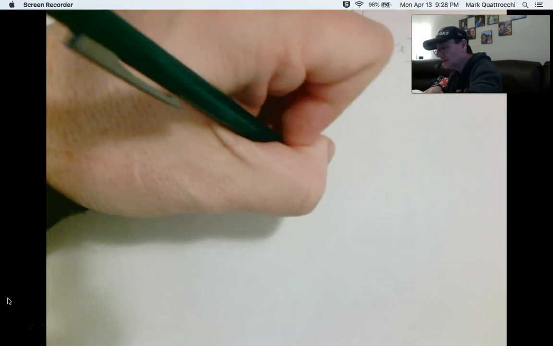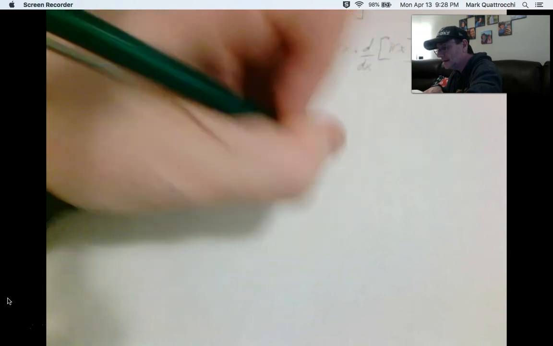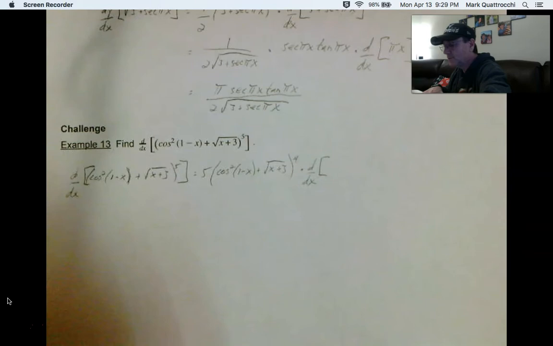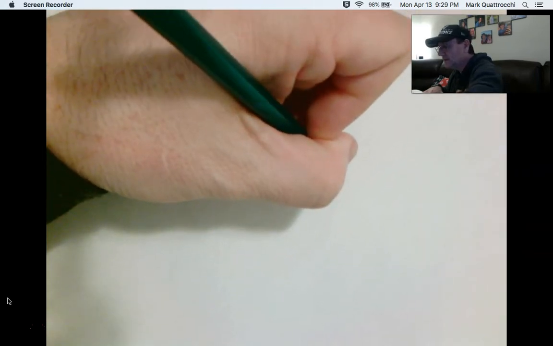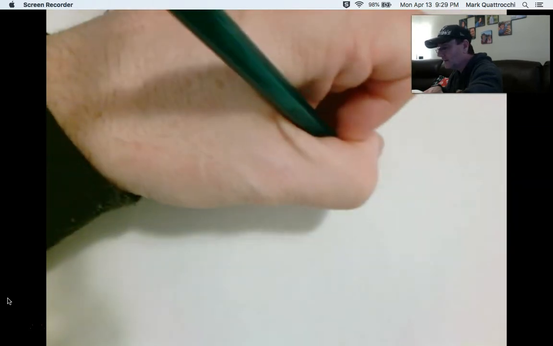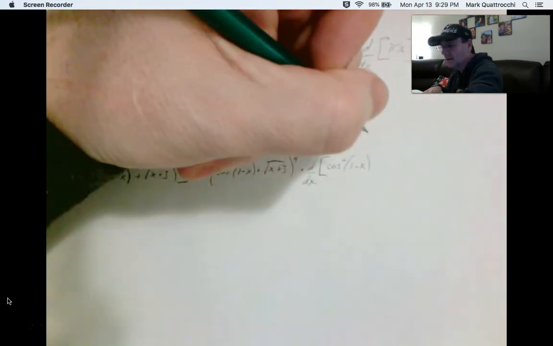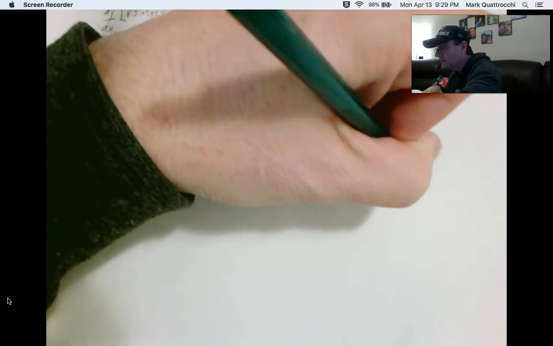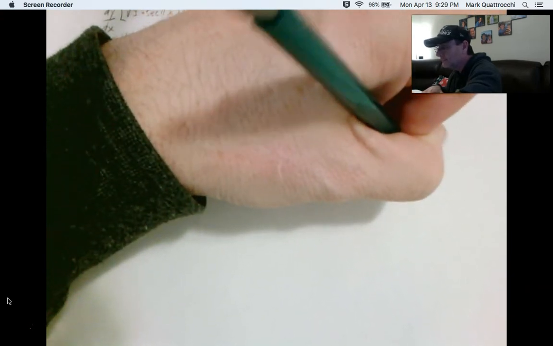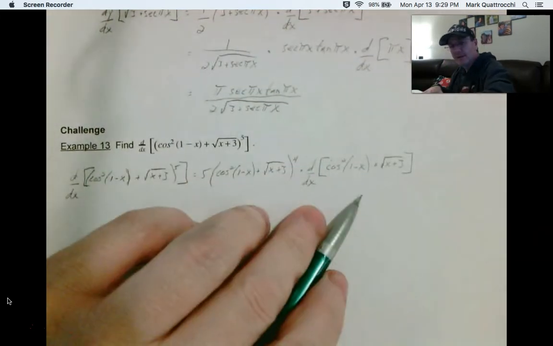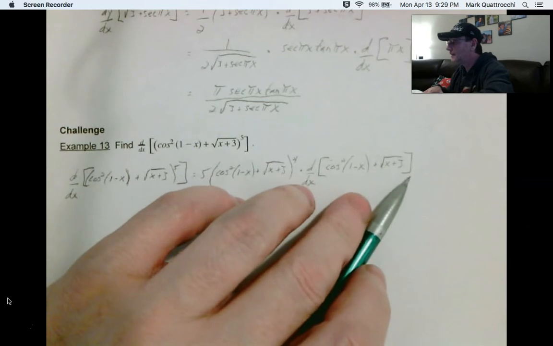times d dx of the new inner function, which is now cosine squared 1 minus x plus square root of x plus 3. The derivative of this is addition, actually.